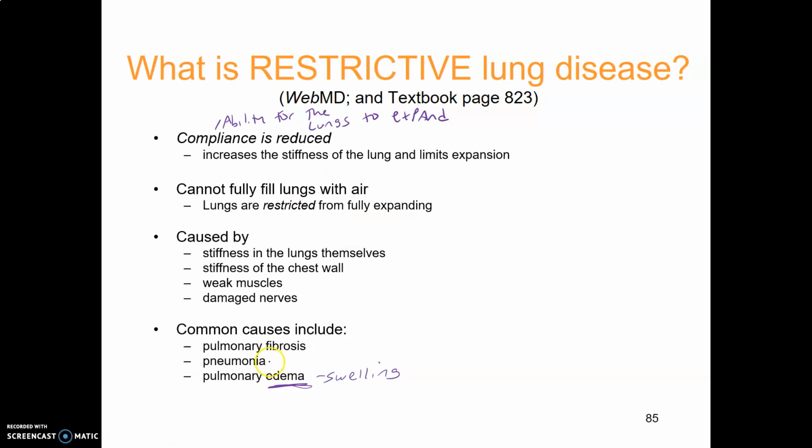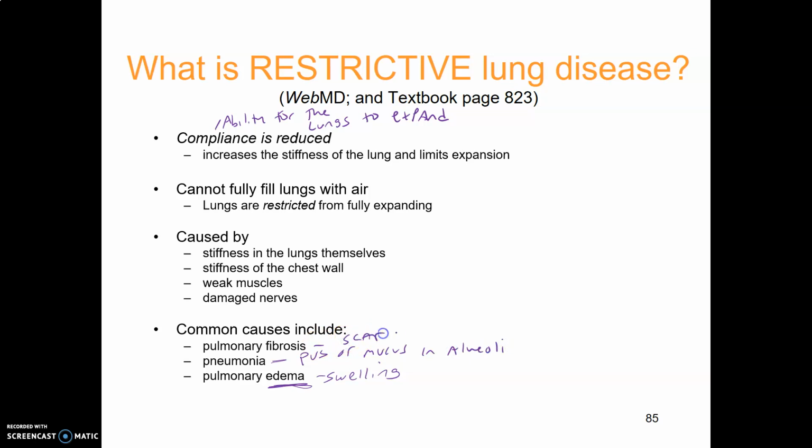So pneumonia, pulmonary fibrosis, pulmonary edema are all examples. Pneumonia would be, we get inside the lungs, you have a bunch of pus or mucus in your alveoli. And then pulmonary fibrosis.